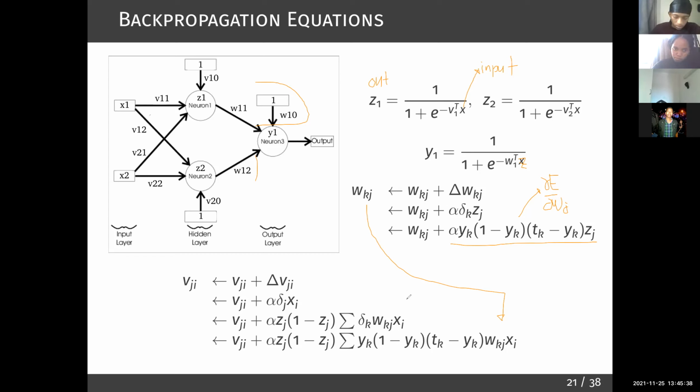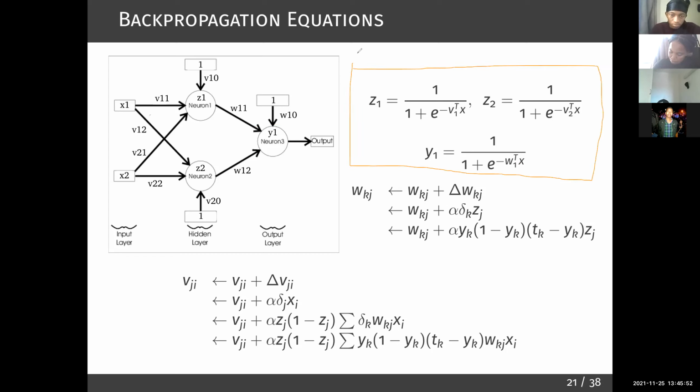Any questions before we go to the example? I want to emphasize that there are two ways. By the name of back propagation, this is forward computation to compute the output, and this is backward computation to update the weights.